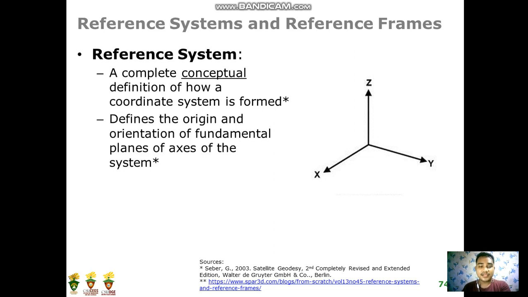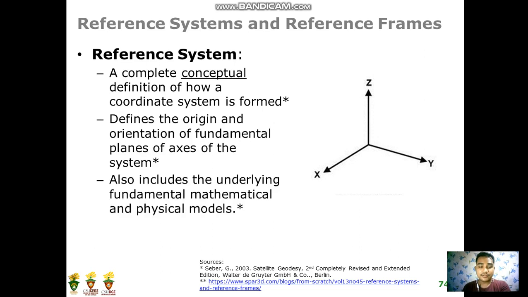It defines the origin and orientation of the fundamental planes or axes of the system, and also includes the underlying fundamental mathematical and physical models.